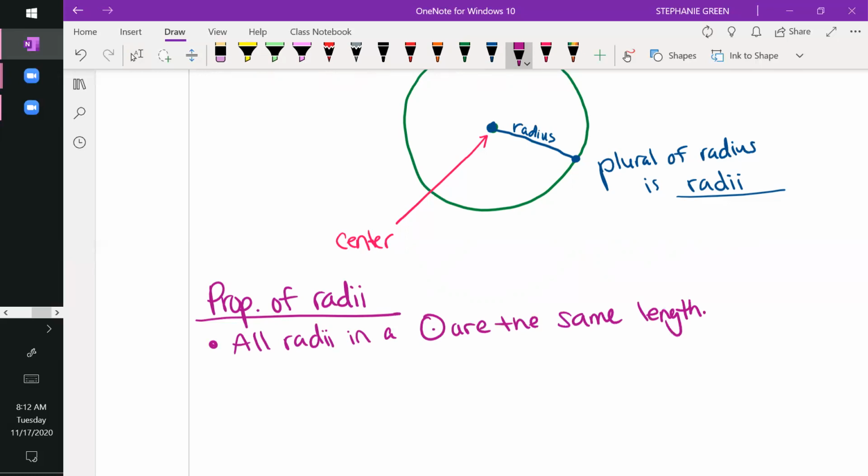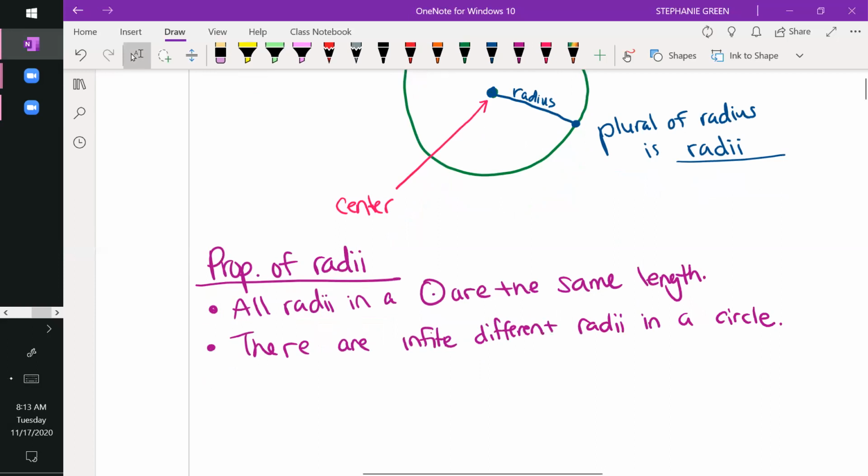Okay, I can draw an infinite number of different radii in any given circle. There are infinite different radii in a circle. And the radius is what determines the size of the circle.